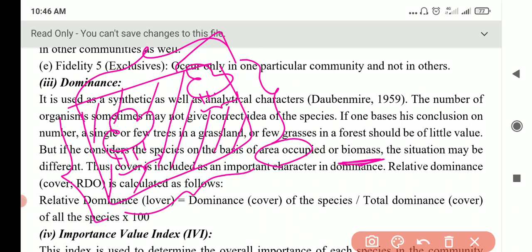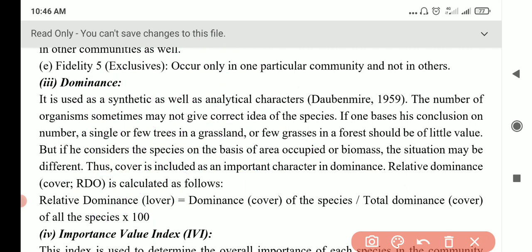So just because there are few grasses or few trees doesn't mean that we can assume it is a grassland or a forest. We have to weigh it, we have to find the area occupied. Therefore cover is included as an important character in dominance.